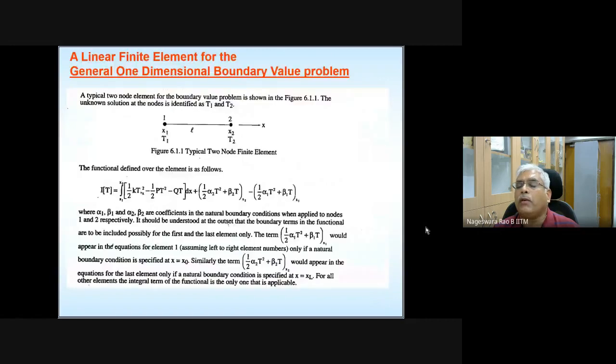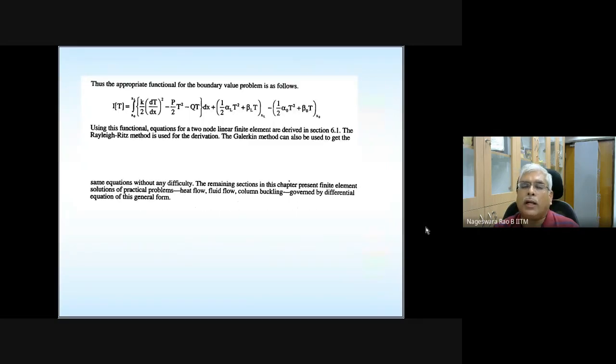So far we looked at a specific problem. What specific problem did we look at? A bar subjected to axial deformation or a beam subjected to bending effects. That is what we have studied. But whatever finite element we are learning is a general tool which can be applied to any problem.